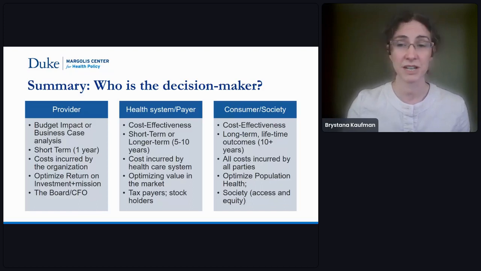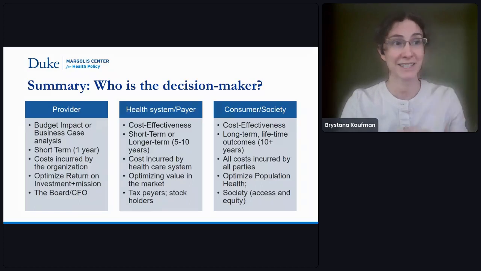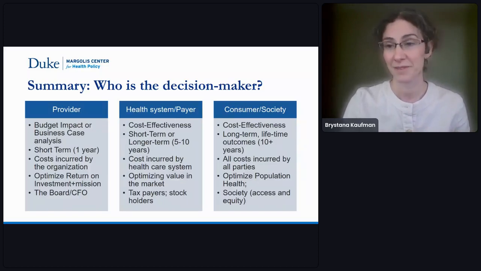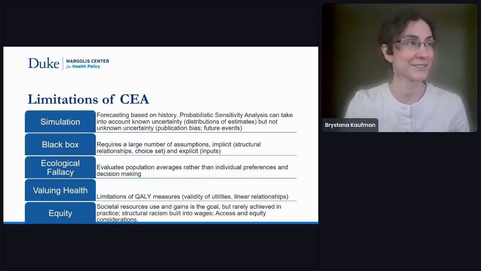So those are some of the challenges that we face. And then ideally, in the societal perspective, we're including all costs incurred by all parties for a lifetime time horizon. So it's very hard to do, but really important to aspire to that ideal.